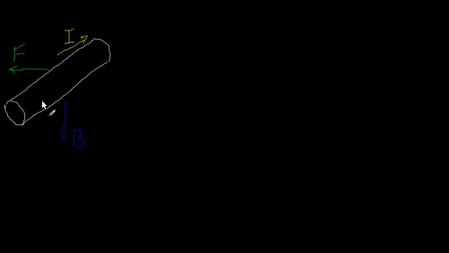And again, it would act on every part of the rod that is in a magnetic field. So if the whole rod is in a magnetic field, this force would act on each and every part of that rod.